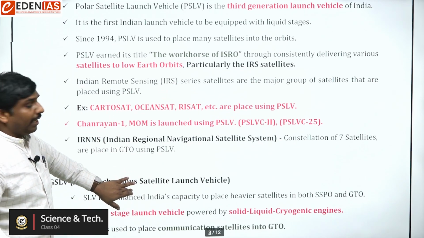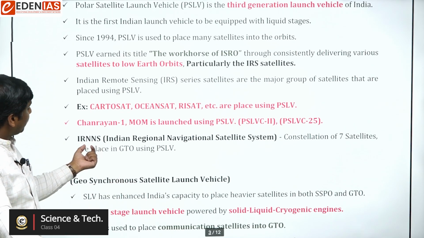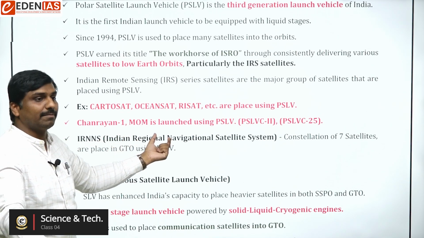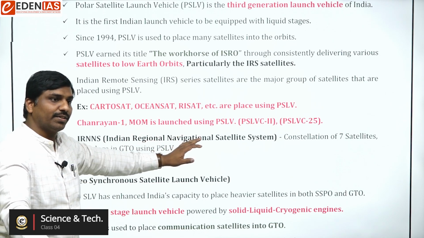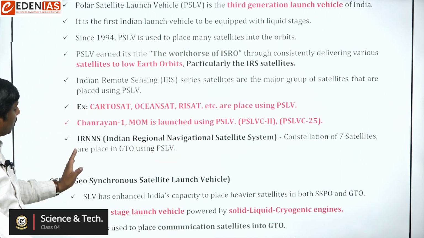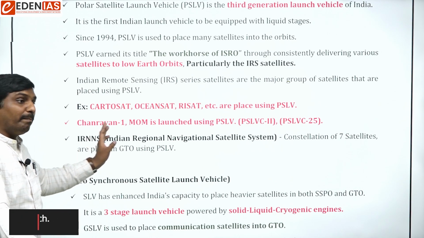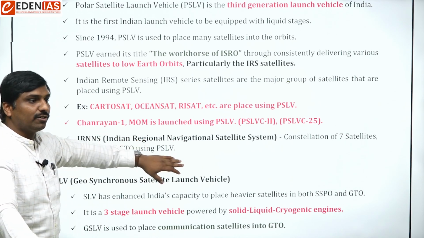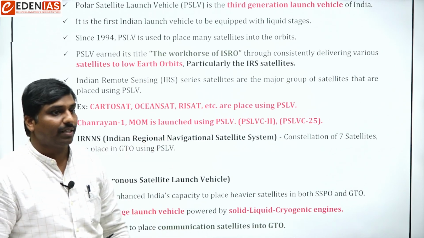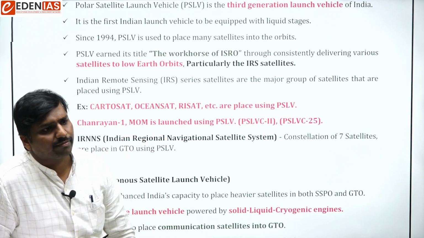Along with this, we also have the Indian Regional Navigation Satellite System, IRNSS. This IRNSS has also been launched using PSLV. First, we placed it in geosynchronous transfer orbit. So what is geosynchronous transfer orbit? GTO.